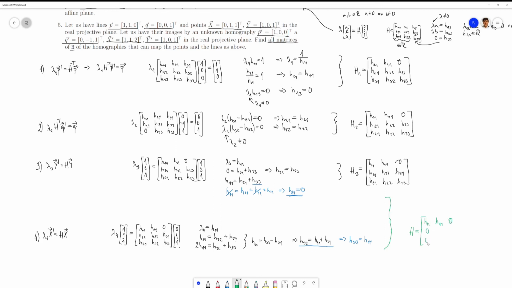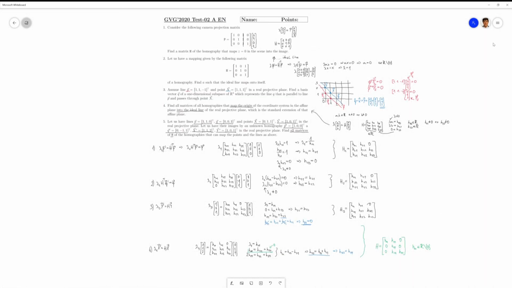So H is h11, 0, 0, h11, and then we see from the equation h11 equals h22 plus something which is 0 that h22 is also h11, so here will be again h11 and h11, 0, 0, h11. So we will have such a homography matrix with respect to one parameter, which is some real non-zero value, because we know that a homography matrix has to be regular.